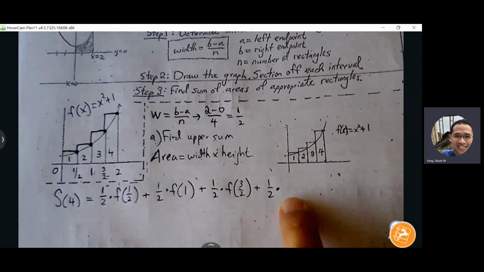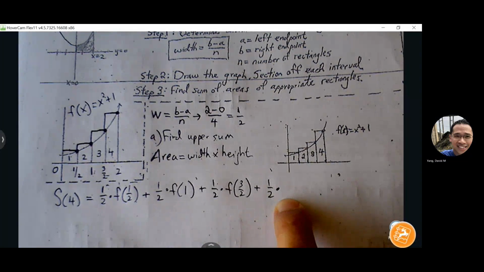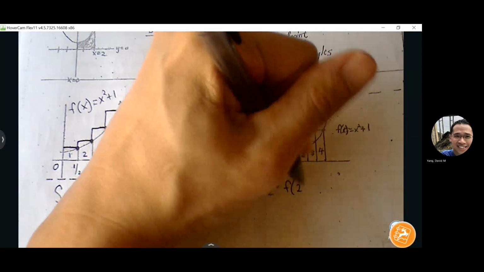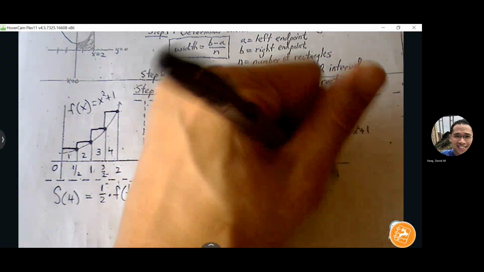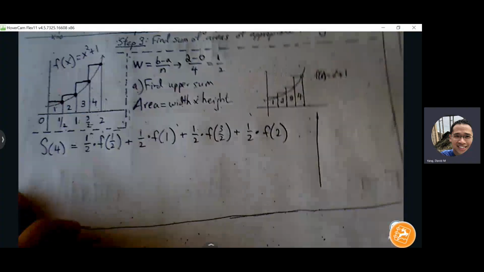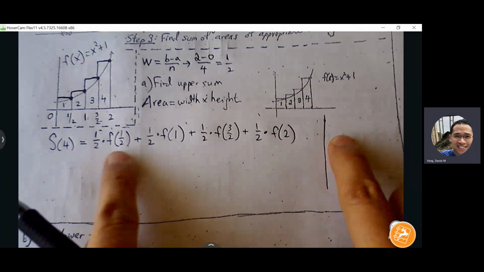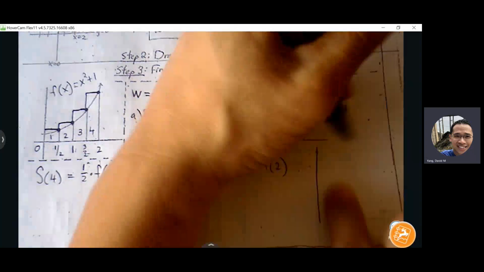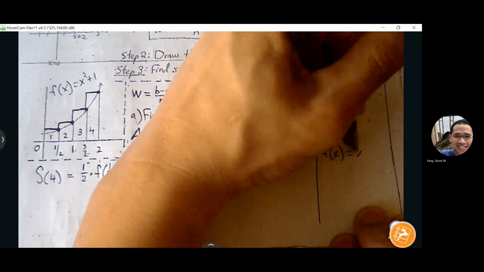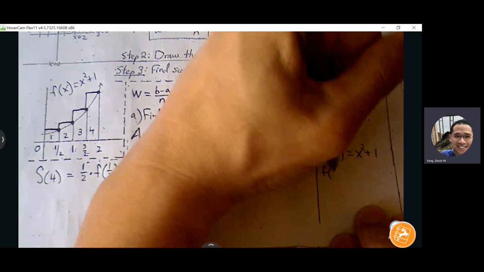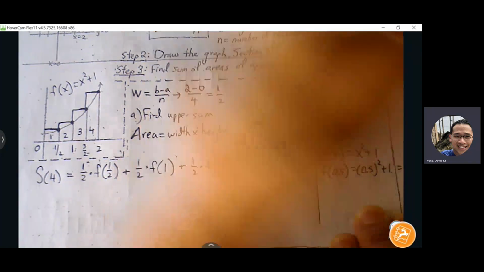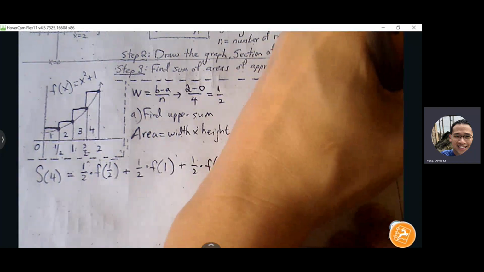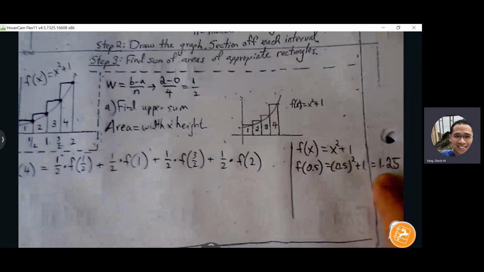And then finally, fourth rectangle, 1/2 times f of 2. I'm going to do the math for us and just skip the parts that are a little bit tedious. That's just finding the height of each of these values, right? So if my function is x squared plus 1, then f of 0.5 is just going to be 0.5 squared plus 1. Whatever that decimal value is going to be the height that I want for my first rectangle.